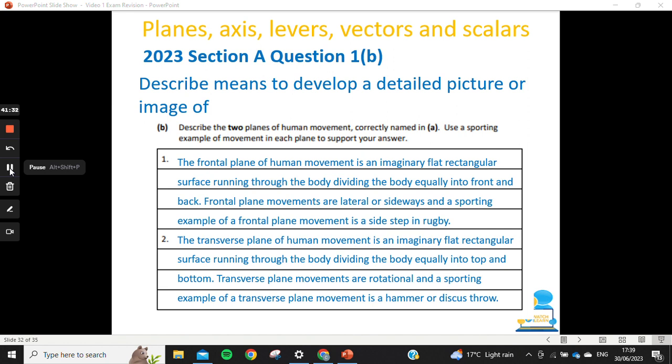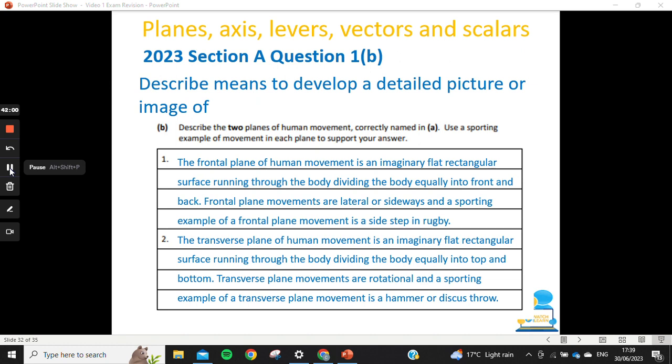These next few questions are from the most recent 2023 Leaving Certificate Physical Education Higher Level paper. So question 1b on this paper was concerned with planes, axis, levers. The question asks us to describe the two planes of human movement that we were asked to detail above.